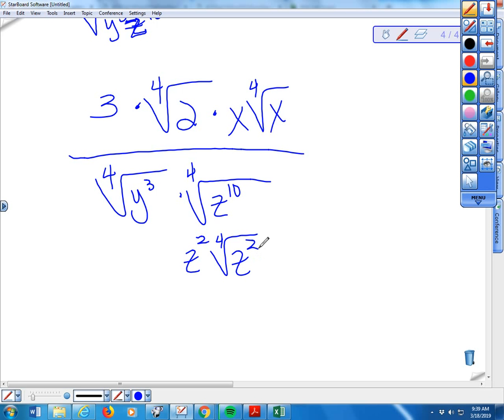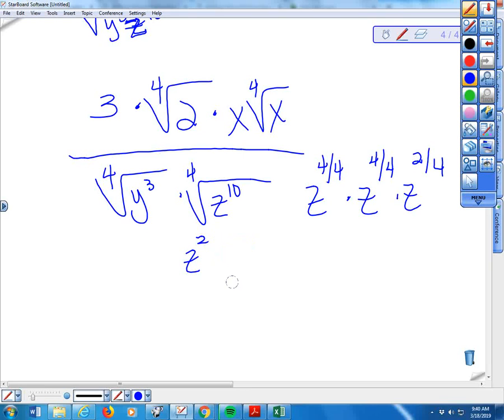If I do this, it's z to the 4 over 4 times z to the 4 over 4 times z to the 2 over 4. Z times z is z squared. Now what is 2 over 4? 1/2.